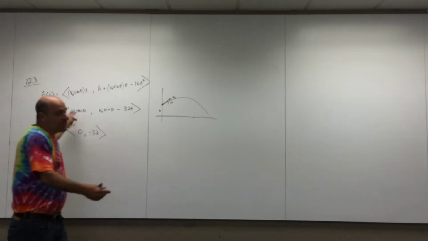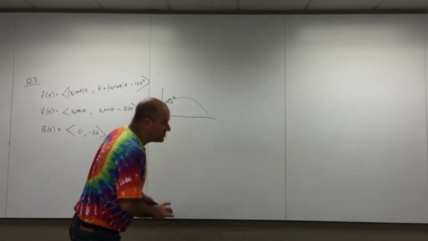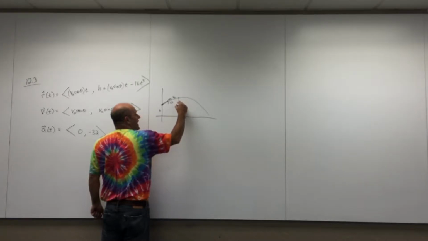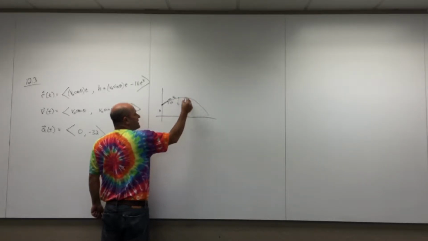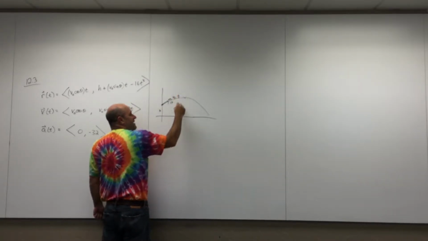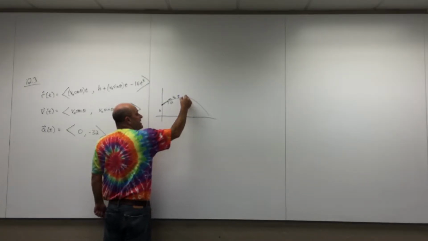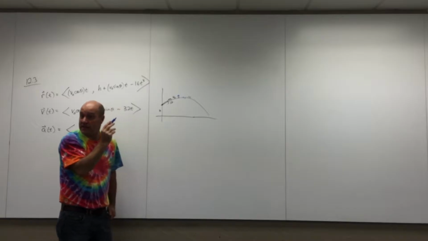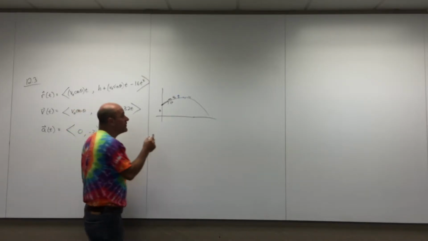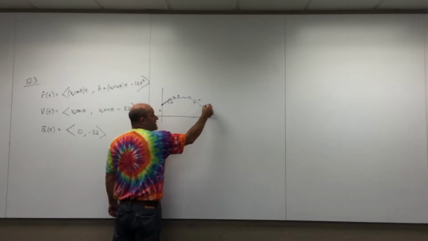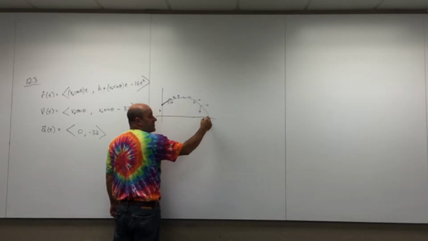Maybe you've seen this in physics class, but at any moment on this curve you have a y velocity and an x velocity. When it's on its way up, the y velocity is pointed up. When it reaches its peak, there's your x velocity, but there is no y velocity. At its peak, the y velocity is 0. On its way down, there's your x velocity, and here's your y velocity growing.